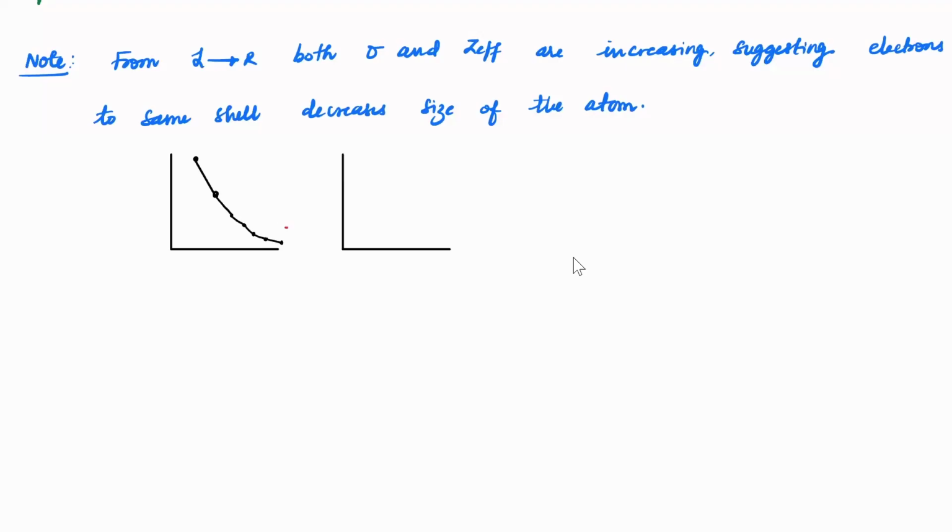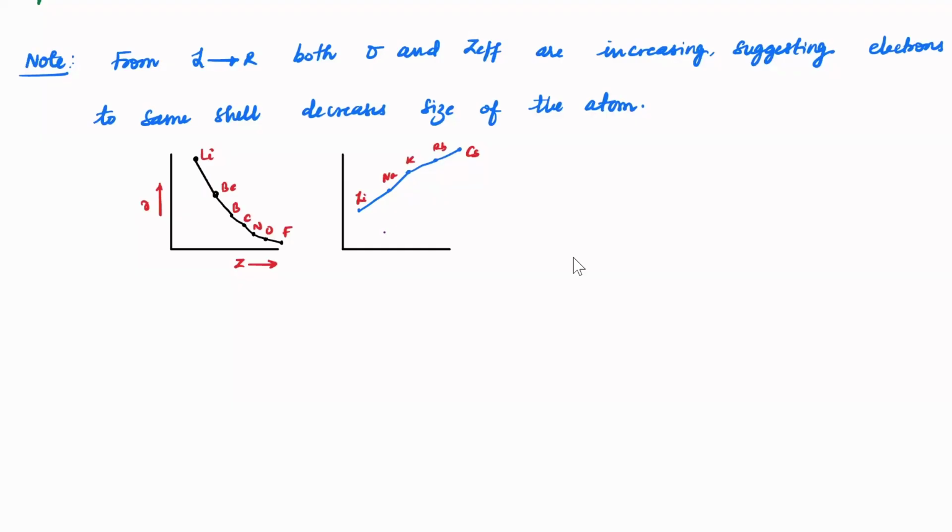So fluorine has very small size. So fluorine, oxygen, nitrogen, carbon, boron, beryllium, and lithium. This is the radius versus Z. While when it comes to size here, lithium is here, sodium is here, potassium is even further, and then rubidium here, cesium here. So this will be cesium, rubidium, potassium, sodium, lithium.